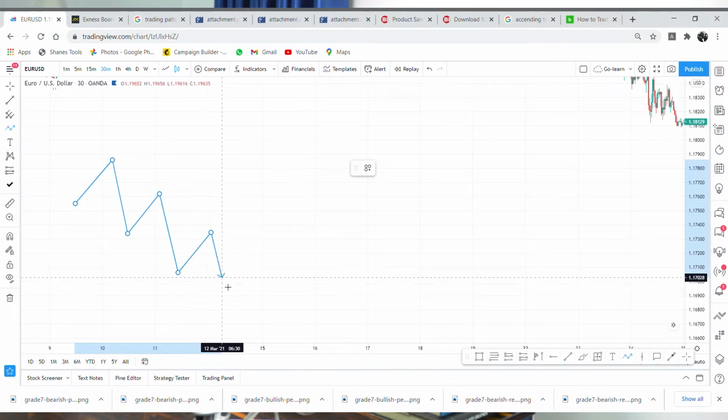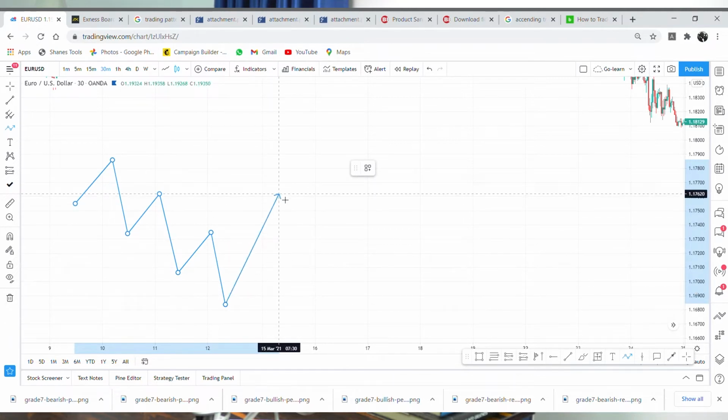Now, instead of making another lower high to make another lower low, a break in market structure is when, instead of respecting that rule, the market just breaks the previous high. The previous high is now invalidated, meaning it is no longer a lower low, lower high.